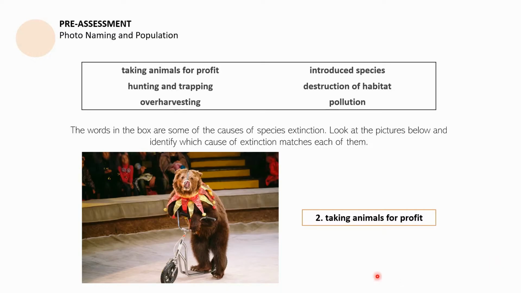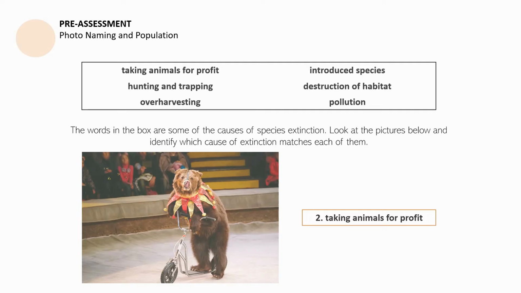This bear right here is doing something like this. This is not something you expect a bear to just do out of their free will, but if they're trained for it, there is obviously some audience right here watching the bear or perhaps other animals too. So taking animals for profit is our answer to photo number 2.